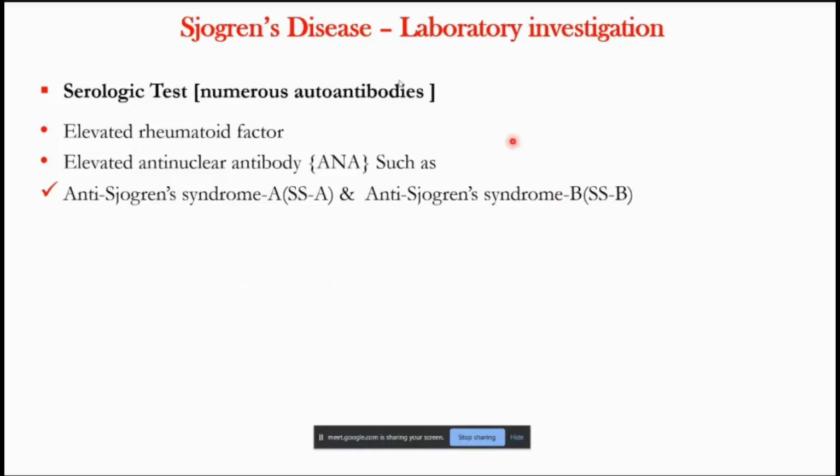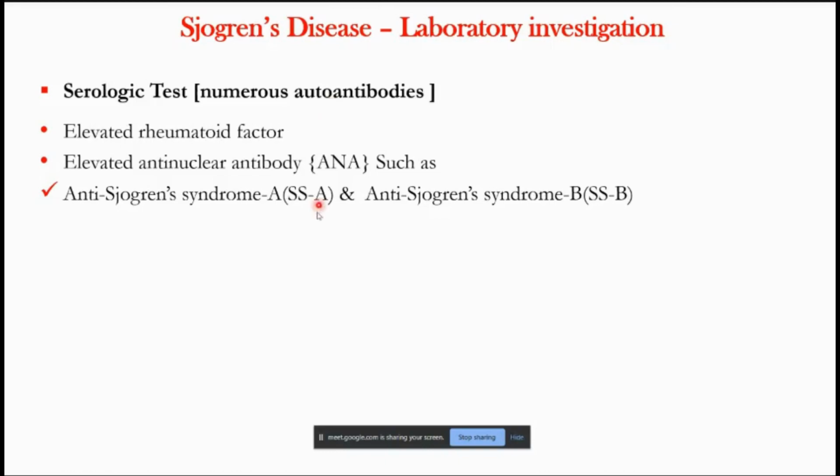And serological tests which you can do are for various autoantibodies, because it's an autoimmune disease. And there are associated autoimmune syndromes, especially in secondary Sjögren's disease, like rheumatoid arthritis, which shows elevated rheumatoid factor. So that is another lab investigation.